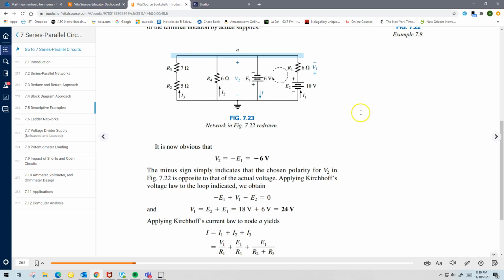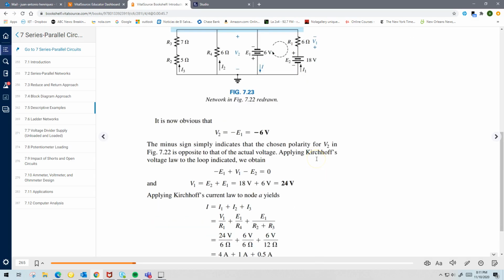If you start, for instance, from node A across R1, you have a voltage gain of V1. So that voltage gain of V1 is going to be equal to the sum of these two voltages, because these two voltages from plus to minus add up together. So V1 is the sum of 18 plus 6, right? KVL. Again, nothing new here, but important that you understand how we get that V1 is 24 volts by just looking at KVL.